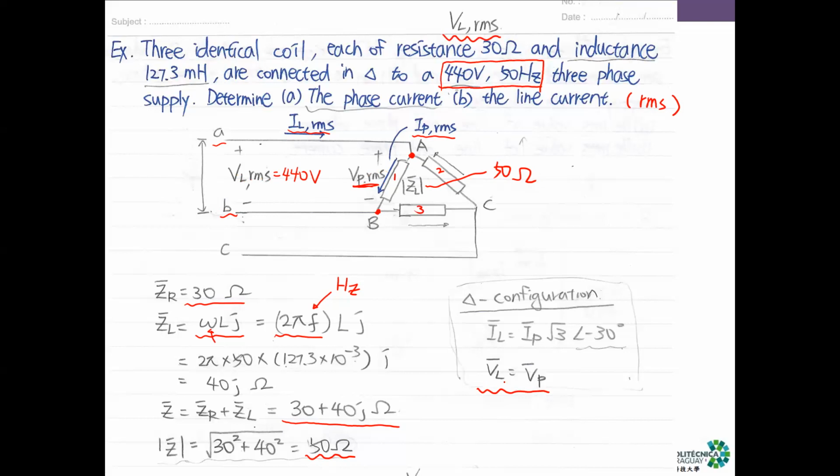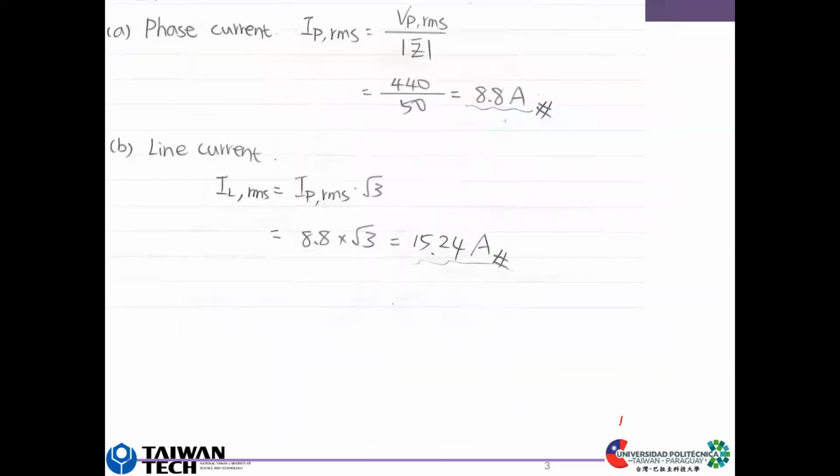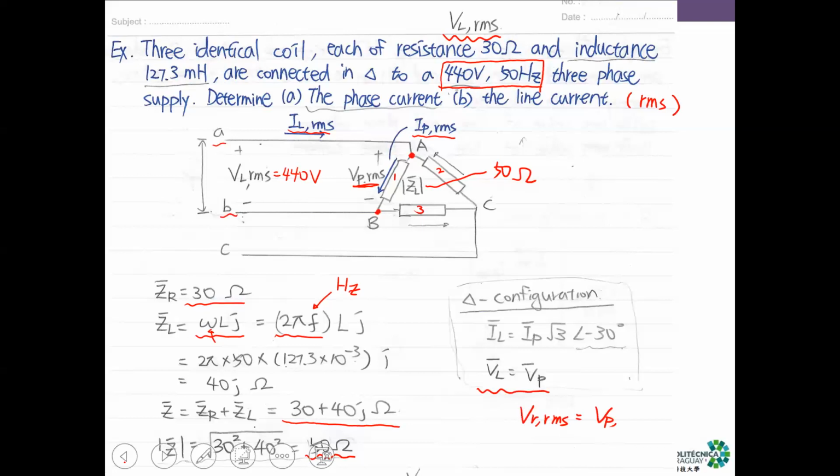It is written in phasor, but you can also write it as a scalar, so V_L RMS equals V_P RMS. When I put a bar on top of a variable, it means it's a phasor.